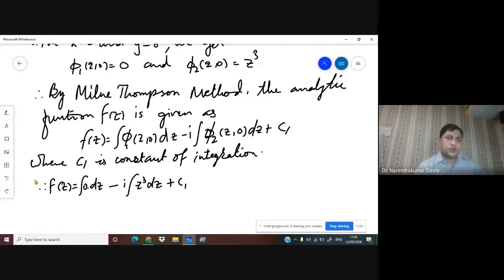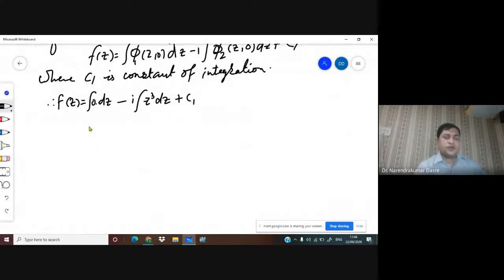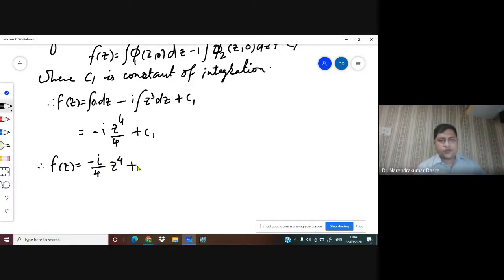Now simplify this. This is going to be minus i z raised to 4 by 4 plus c1. So we got f of z is equal to minus i by 4 z raised to 4 plus c1, which is the analytic function.